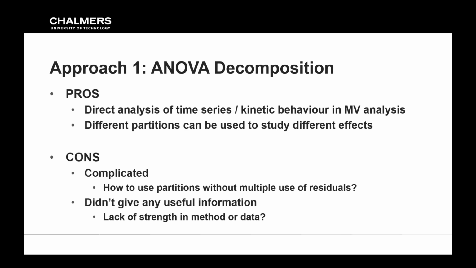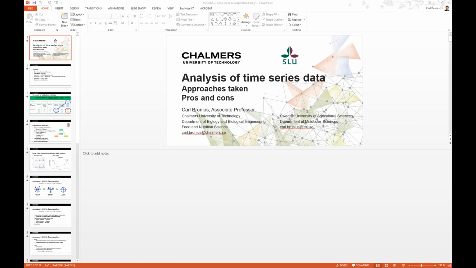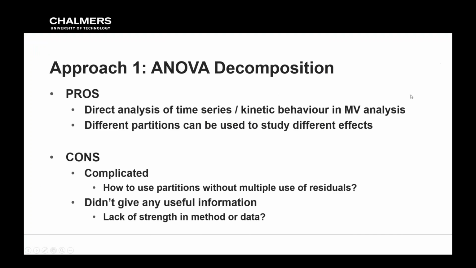I do myself, actually. How to use all of these partitions is not always very straightforward. And in our case, the main con was that we didn't get any useful information from it. But at this point, we didn't know whether it was related to the strength of the data or a lack of strength in the method.